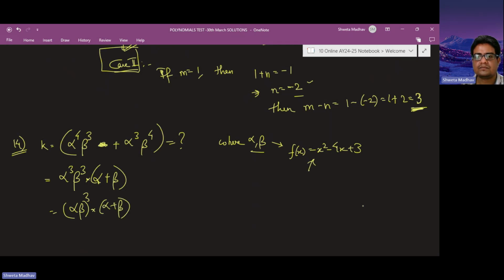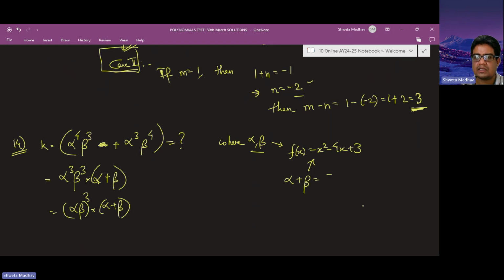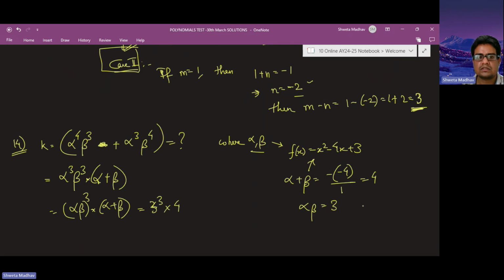The sum of the zeros, alpha plus beta, is equal to minus b by a, which is minus coefficient of x, which is minus of minus 4, by a, which is 1, so it is equal to 4, and the product of the zeros, alpha beta, is equal to 3. So then we will get 3 power 3 into 4, so that is 27 into 4, which is 108.